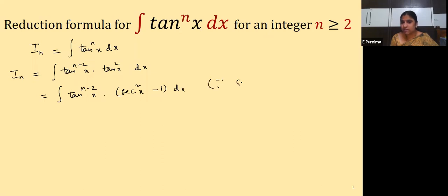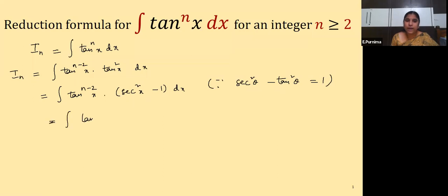Because secant square theta minus tan square theta is equal to how much? Is equal to 1. According to this formula, we write it as tan to the power of n minus 2 x into secant square x minus 1. Is it clear? So which is equal to, let us split the integrals here.